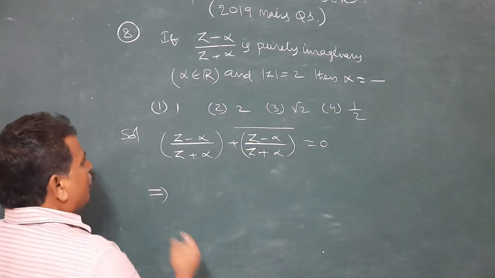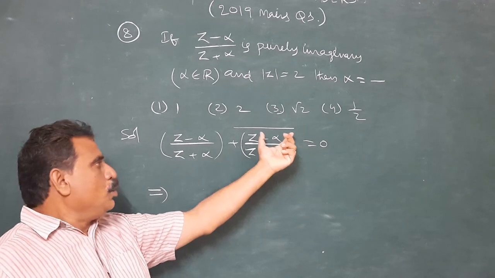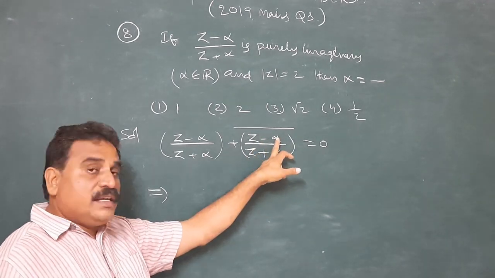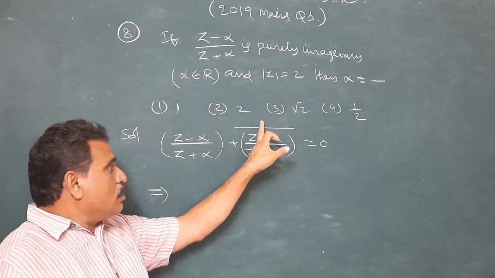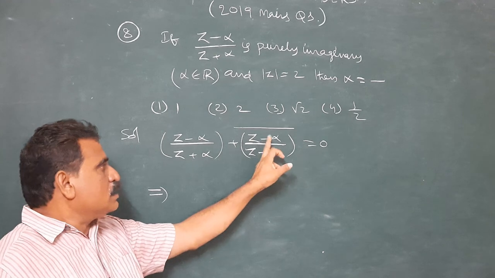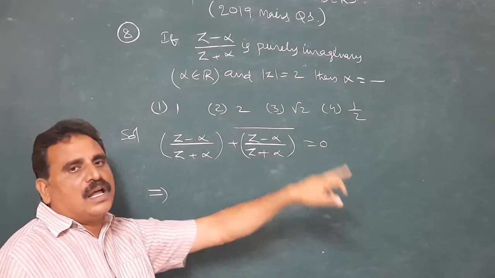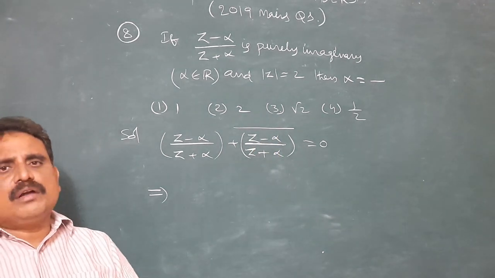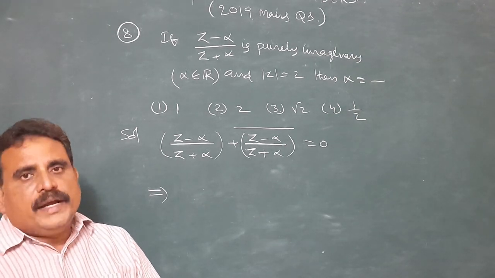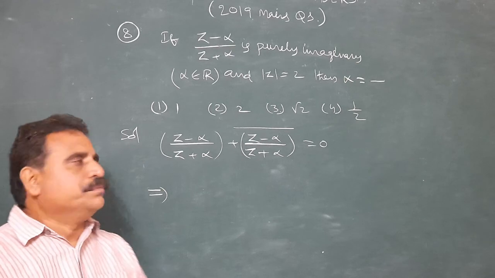This implies, by the conjugate property, numerator conjugate by denominator conjugate. Now here alpha is a real number, so if you distribute the conjugate, z bar minus alpha by z bar plus alpha, because alpha bar is alpha. Alpha is a real number, so its conjugate is alpha only.